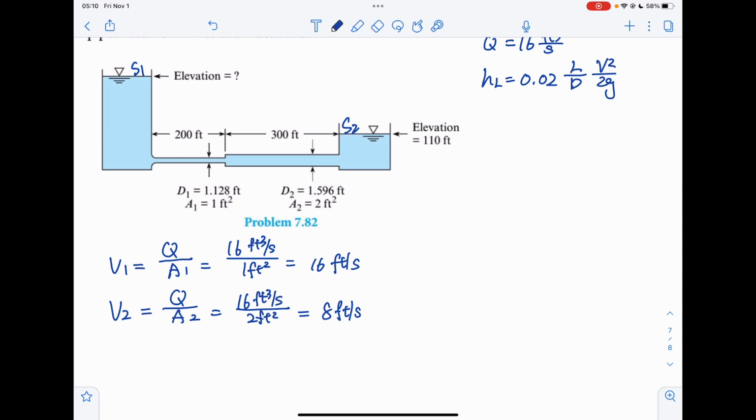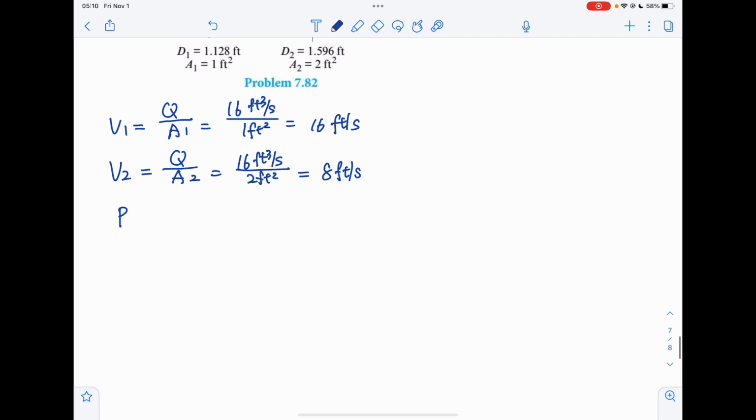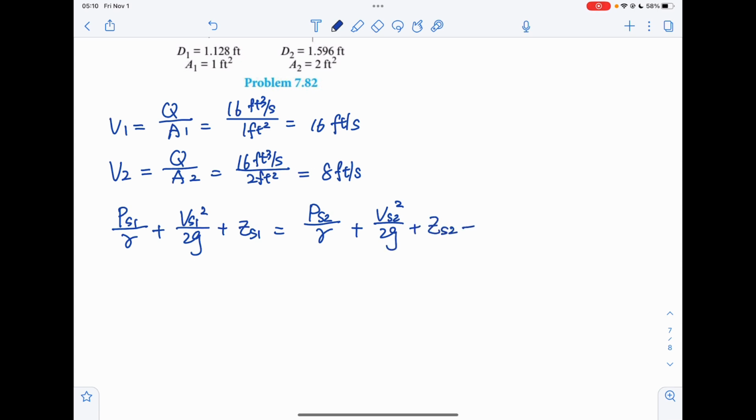Okay. So now we're going to write down the energy equation between the two water surfaces. P S1 over gamma plus V S1 squared over 2g plus Z S1 equals P S2 over gamma plus V S2 squared over 2g plus Z S2 plus the head loss of the first pipe and the head loss of the second pipe.